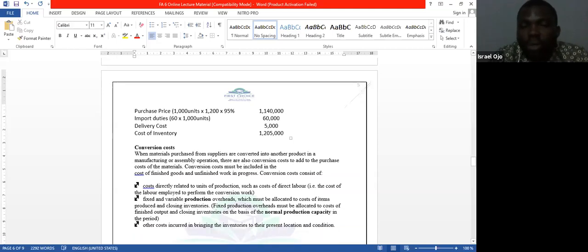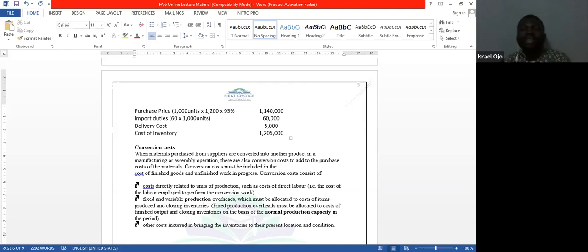Conversion costs must be included in the cost of finished goods and unfinished work in progress. So we will have work in progress or finished goods at the moment, maybe stage 1, stage 2, stage 3. If you are done with stage 2 but not stage 3, the conversion cost of stage 1 and stage 2 must be added to the initial purchase cost.